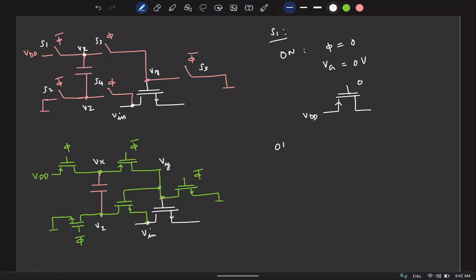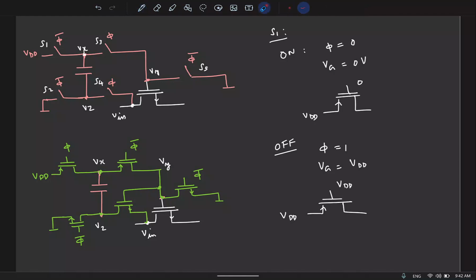Now let's look at what will happen when we try to turn it off. This is when phi is 1. To turn it off, what would be the voltage we apply? VDD. So let us see what happens. This is still at VDD. Gate is also at VDD.